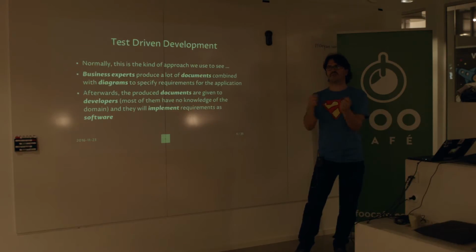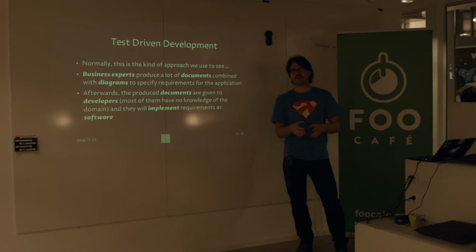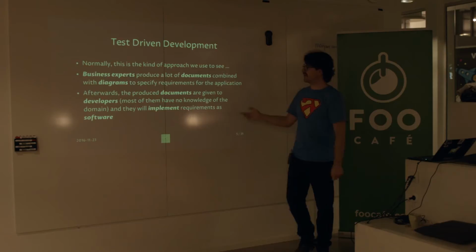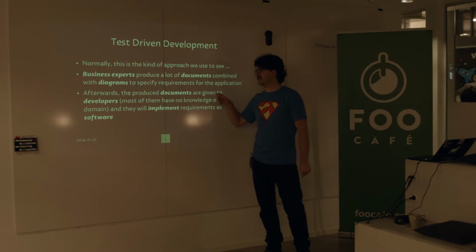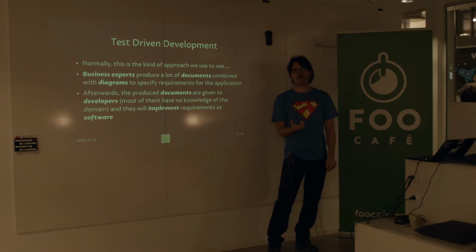They give those documents to developers, and most of the time this kind of documentation is created by people working at a company, and then software suppliers take in developers to read these documents and make the software based on the documentation. So what happens most of the time is that most of the developers don't have any clue of the domain they're going to work in.